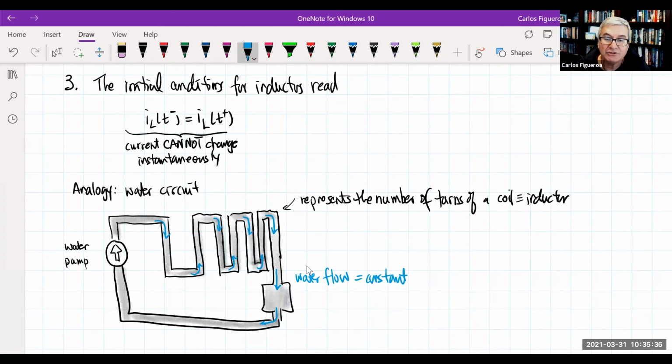Now, here's what I want you to imagine. Imagine that you suddenly change the water pressure at the water valve.